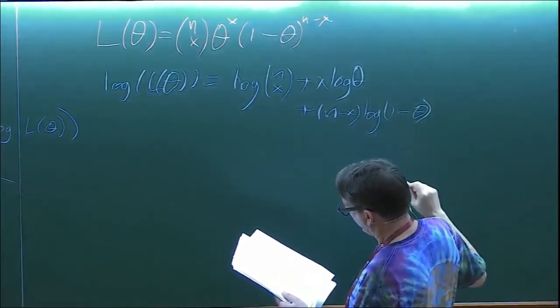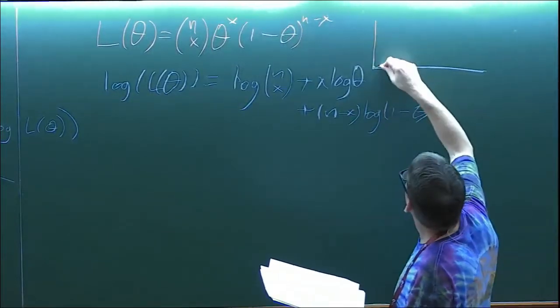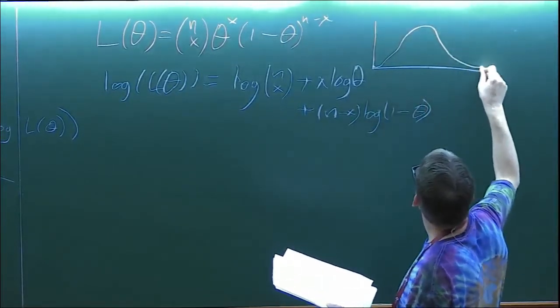And we have a situation for a binomial distribution. The likelihood is going to look something like this.